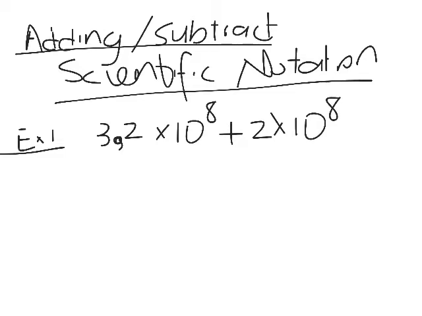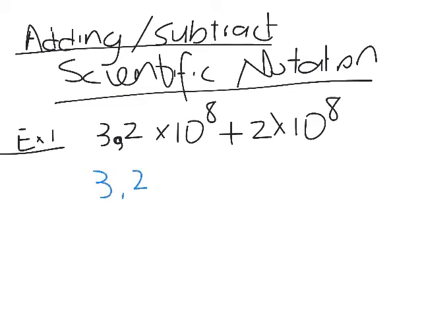Okay, let me just clean it up and show you how I would add this based on what I was saying. I'm going to look at this question and go straight ahead.